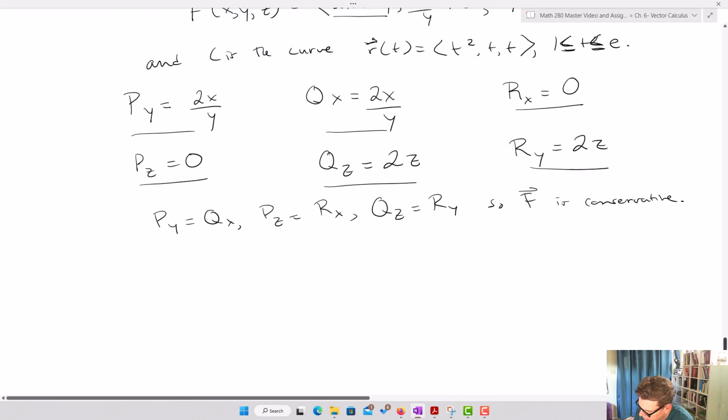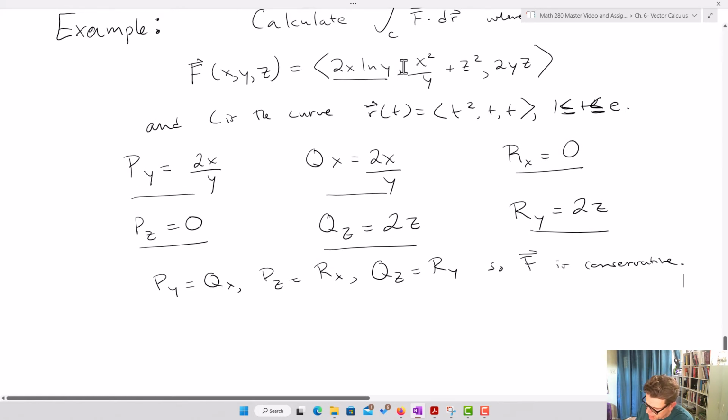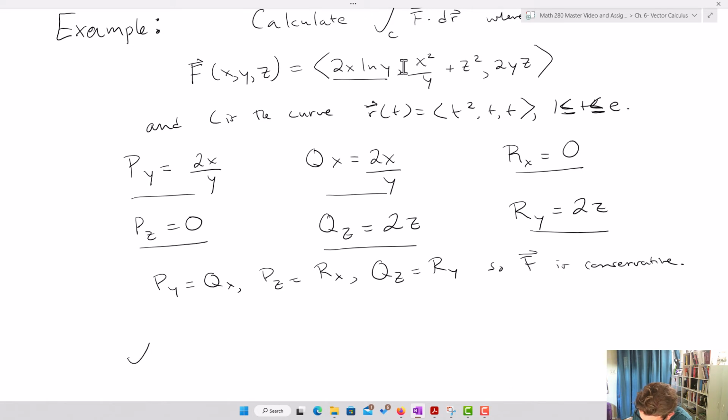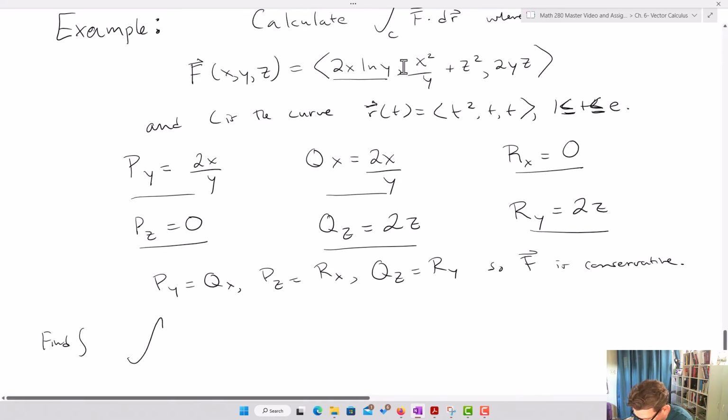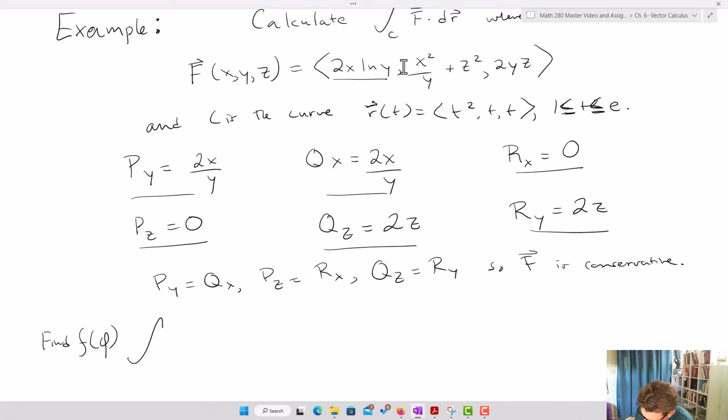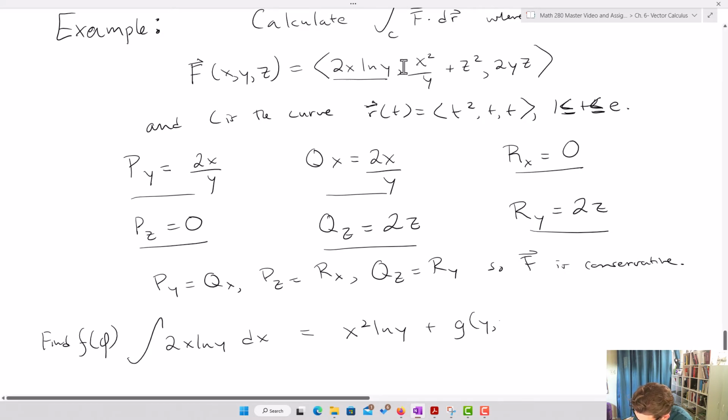Now I'm going to need to find my potential function phi. So remember, we start with the integral of 2x ln y dx, which is going to equal x² ln y plus some function g of y, z.